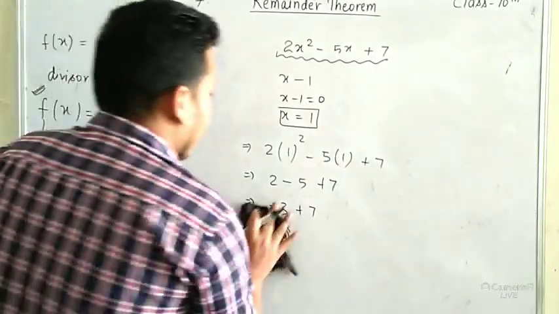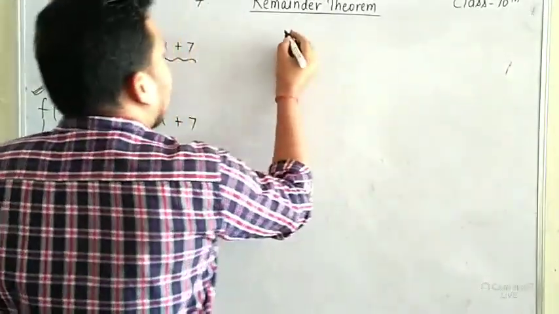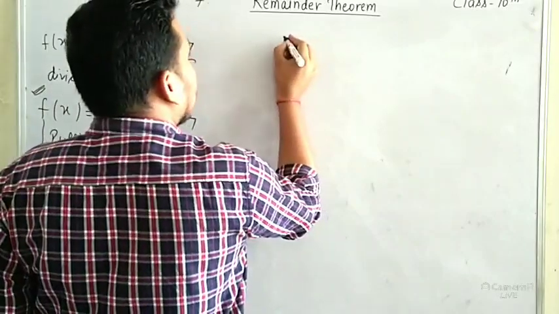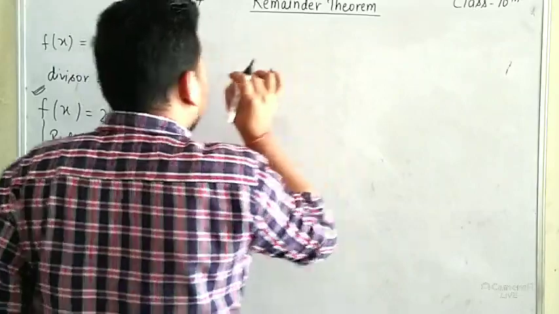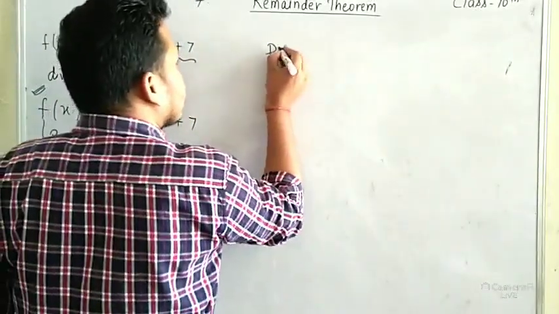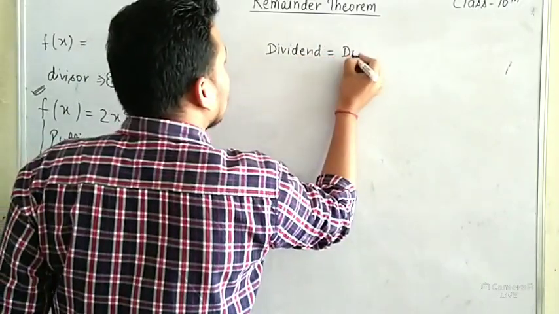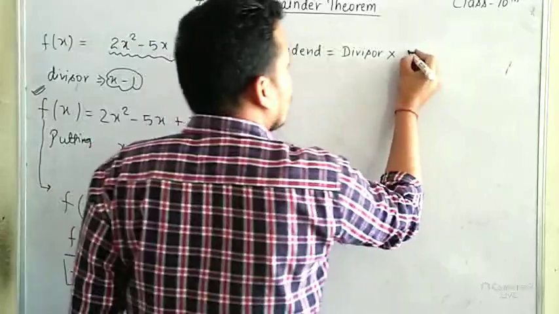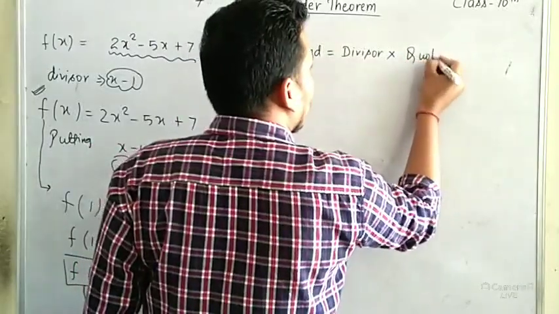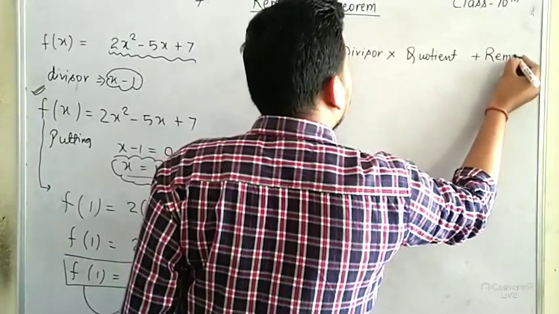Next, now I am writing the expression for the remainder theorem. As you know, when you solve any division, one law comes: dividend is equal to divisor into quotient plus remainder.